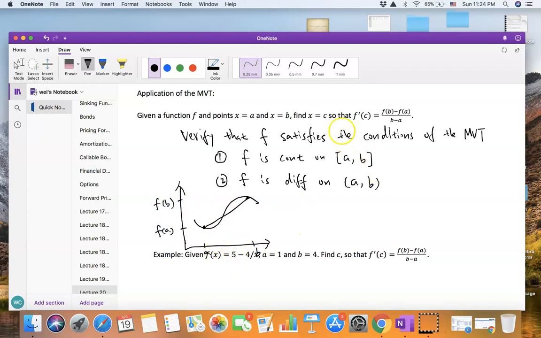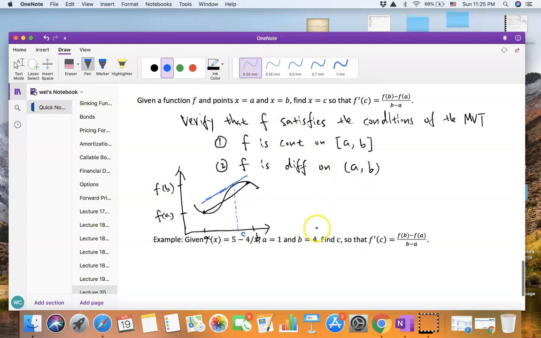To find this number, we want to find on this curve from a to b, at which point we can draw a tangent line such that that tangent line is parallel to this second line. So that will be the number c.